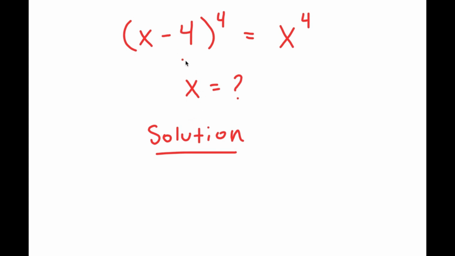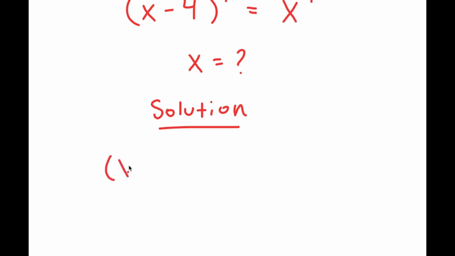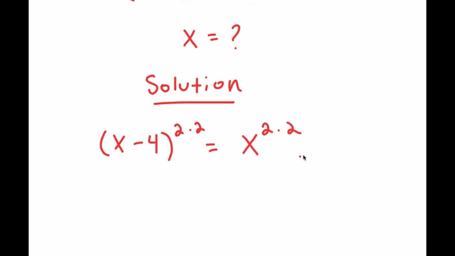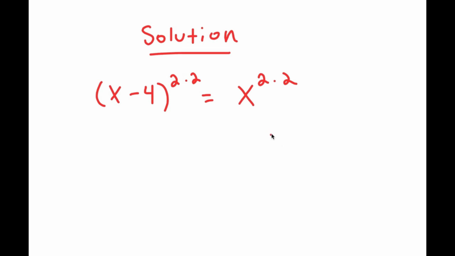What I'm first going to do is rewrite this equation as (x − 4)^(2×2) = x^(2×2). The reason I did this is because now I can use the property (a^m)^n = a^(m×n).